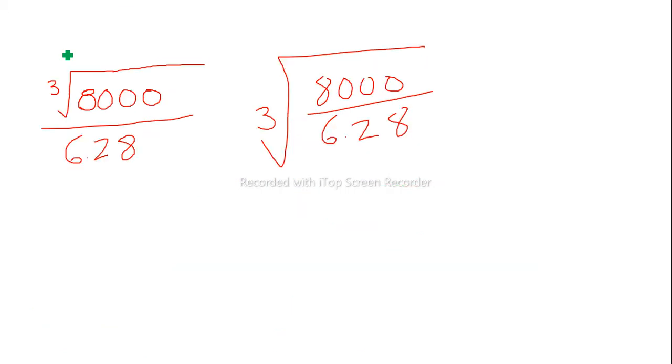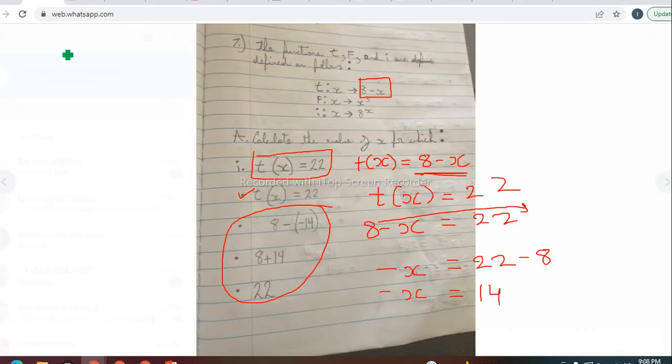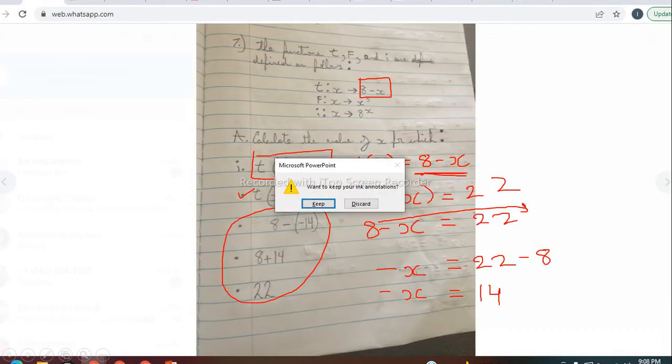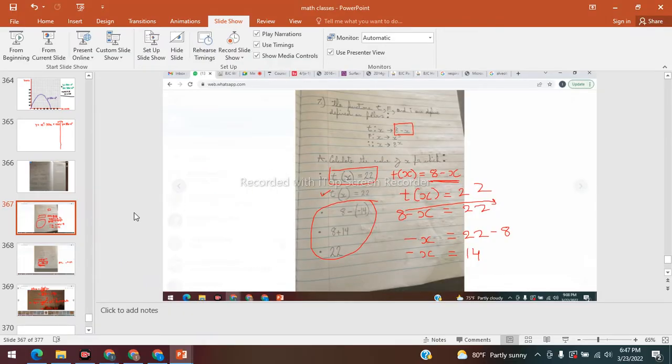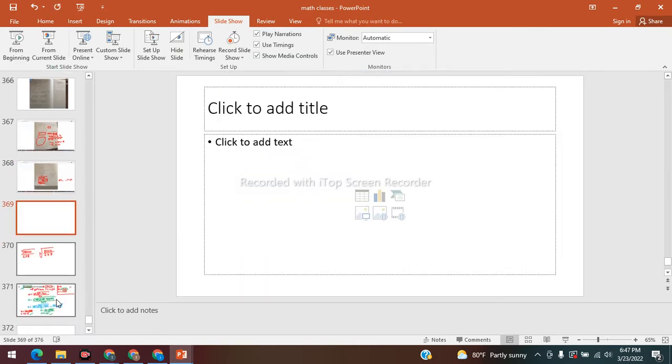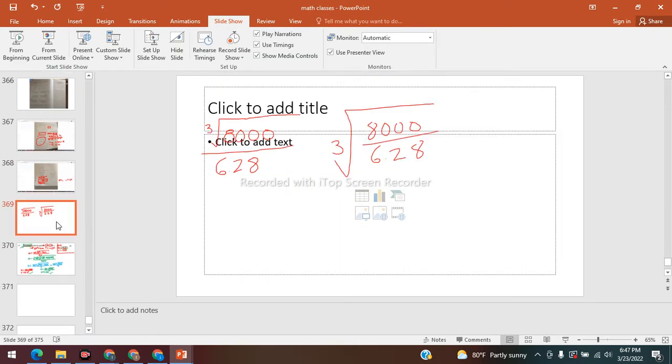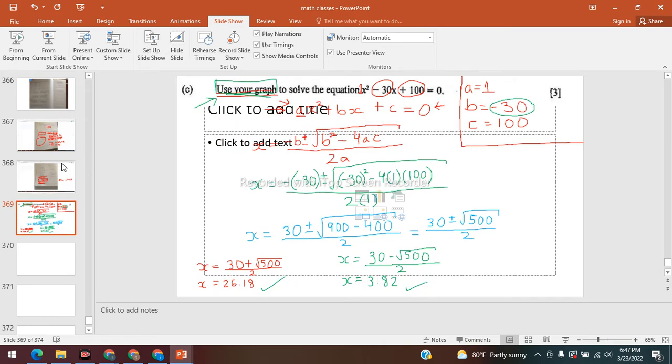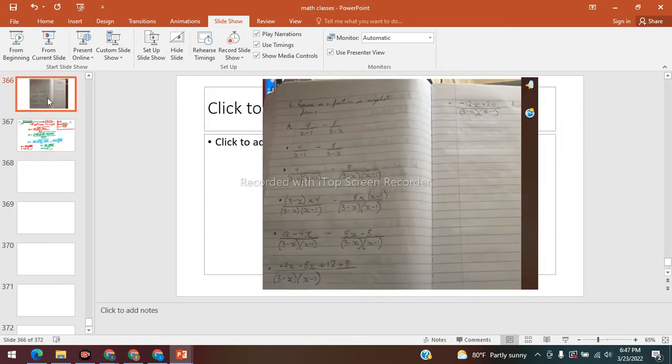When they say use the graph, I'm not sure if they're talking about the formula or the literal graph. But I'm going to see if from the formula we could work something out such that we could get our solutions.